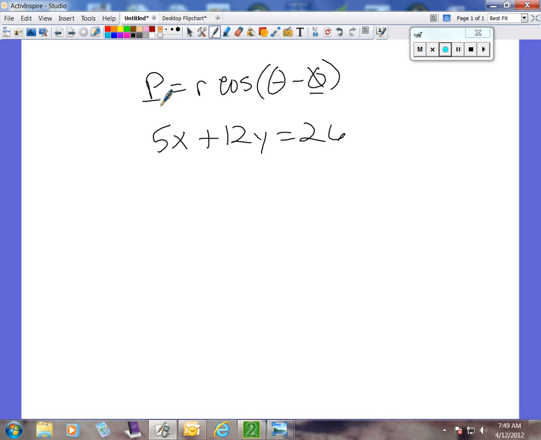Does anybody remember how we found p? You've done that before. When you had a rectangular equation like this, do you remember what you did? That's how you found the angle. But not quite. We're headed there.